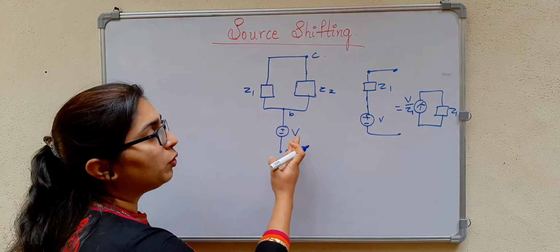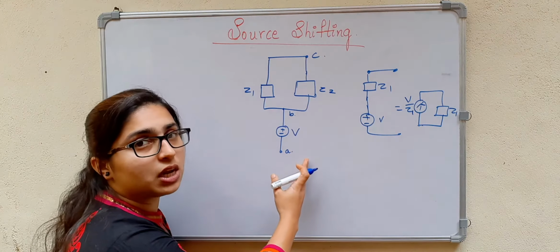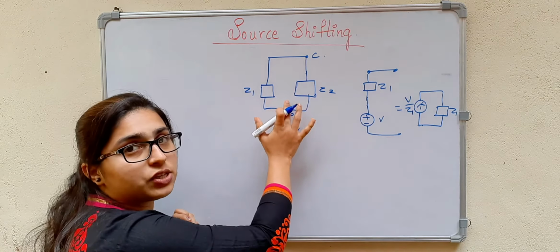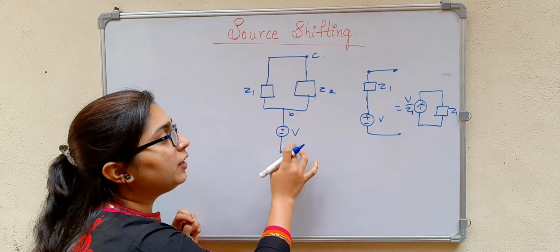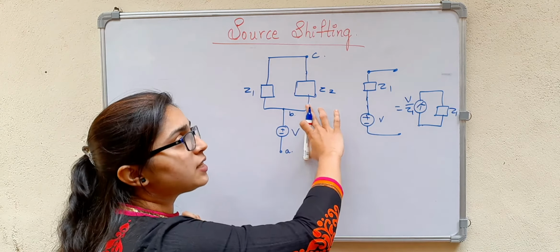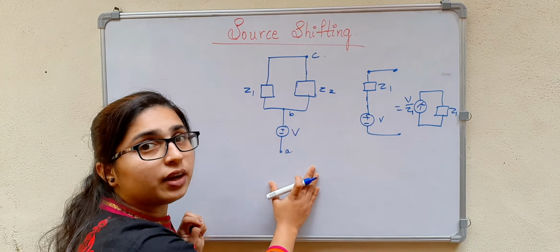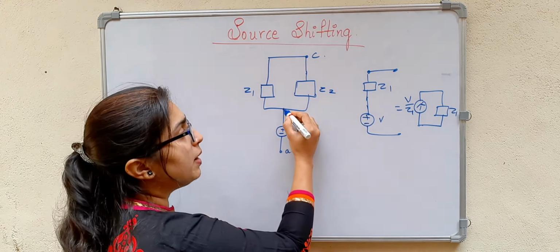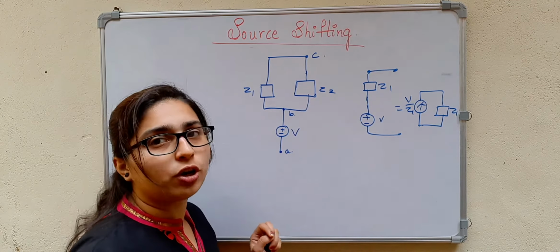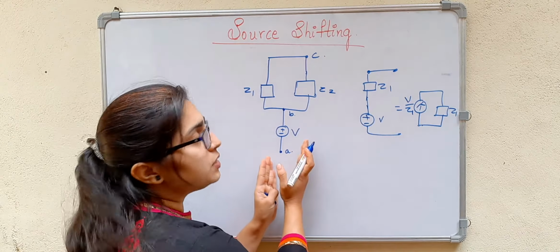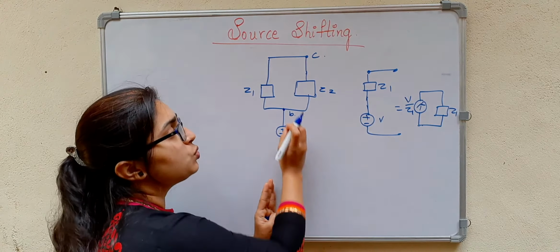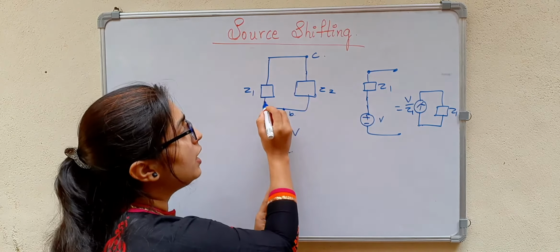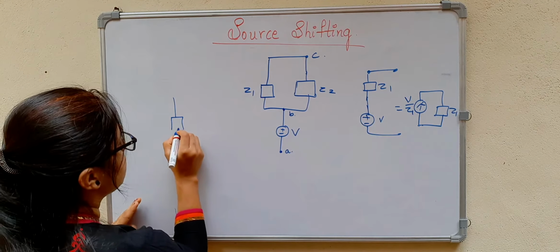But here, can you apply source transformation on this particular network? No, because there are two impedances here which are in parallel with each other, and here we have a voltage source. This is just part of a circuit. Now what I can do is I can shift this source. This B and A will be shorted now, and I will pull this voltage source upwards through B, and I will write this circuit like this.